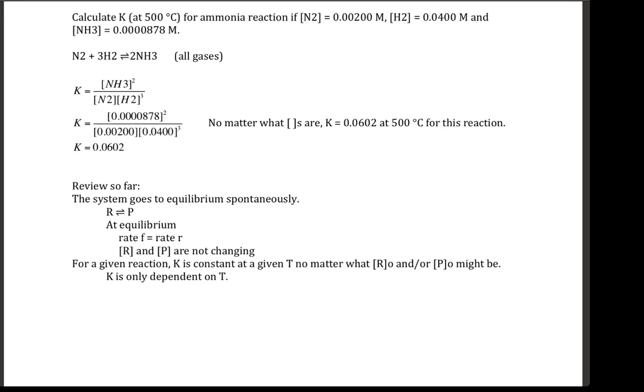And we have the concentrations of the reactants constant and the concentrations of the products constant. They're no longer changing. For a given reaction, K is constant at a given temperature, no matter what initial reactant concentrations or initial products concentrations we might start with. K is only dependent on temperature.